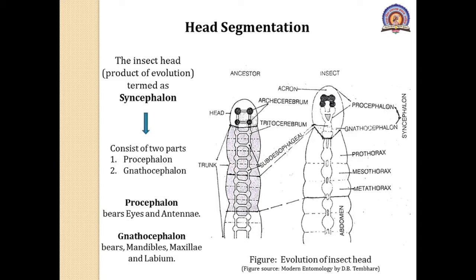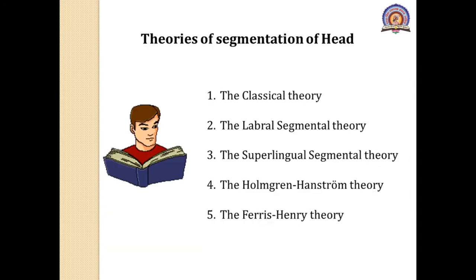In this regard, various theories have been proposed from time to time, and the discussion on the subject, due to its multifold impact, is ever interesting. So in the next part we are going to see different theories of head segmentation of a generalized insect head.